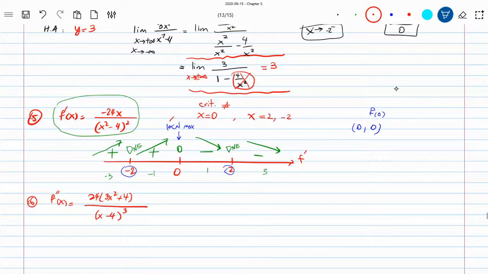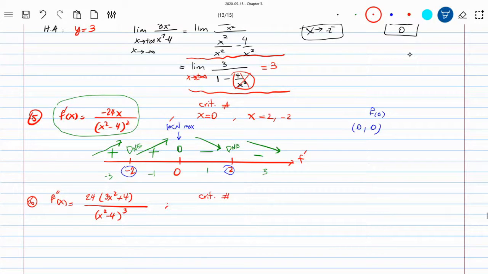This is a simplified version of the derivative. Normally, if you want to find the inflection points and critical numbers, it's better to simplify the function. Okay, again. Now find the critical number for the second derivative. So when does the second derivative equal 0?